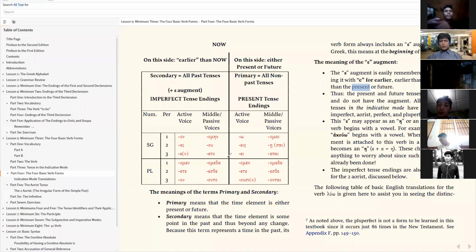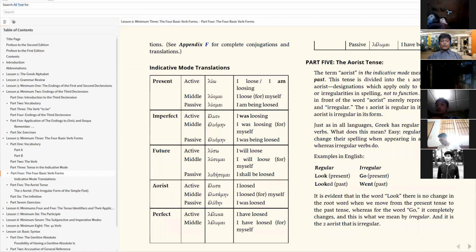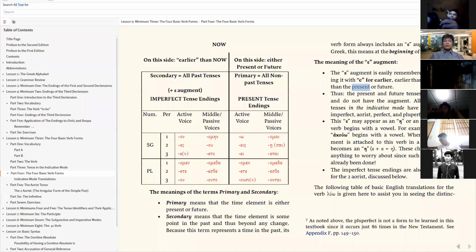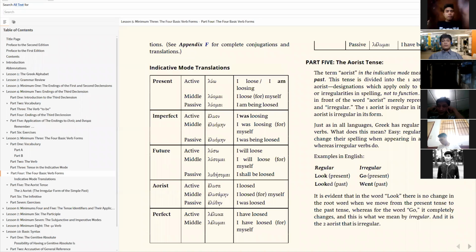And then for the future, you have luso, luseis, lusei, lusomen, lusete, lususin. That's for the future.